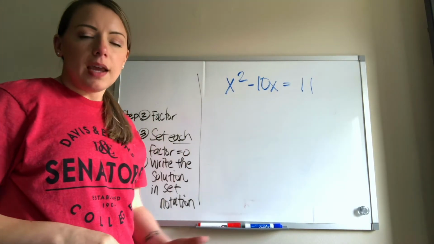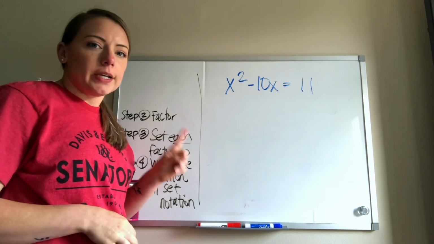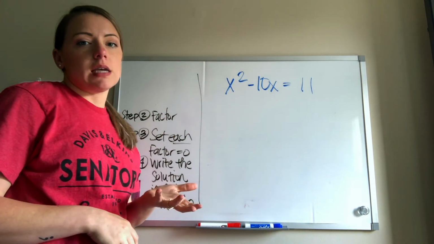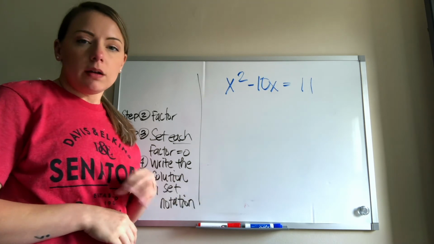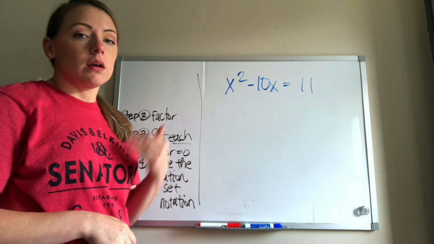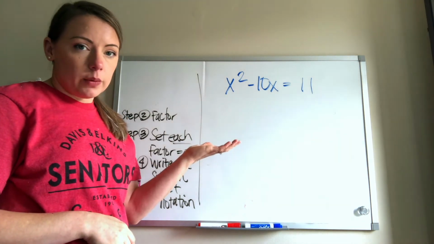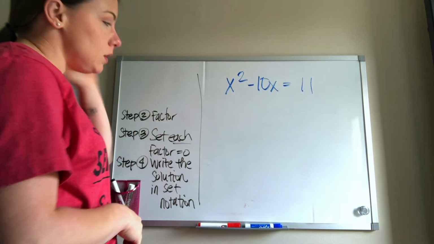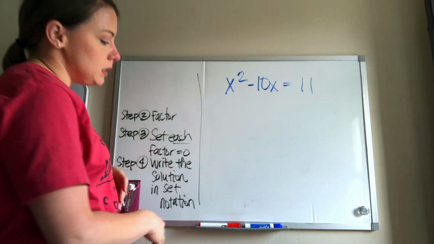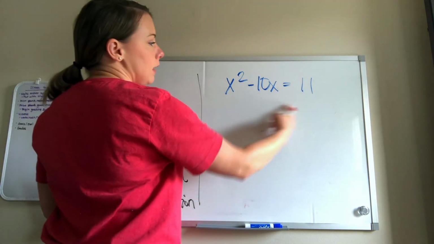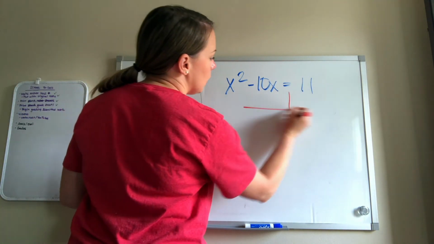All right, guys, so now I have a quadratic equation, but I have a quadratic that's not set equal to 0. So that's one thing I didn't mention before. In order for us to factor, we want the right side of our equation to be set equal to 0 for us to do our factoring. So in order for this to be set equal to 0, just like we've done before, we want to move 11 to the left side of our equation.